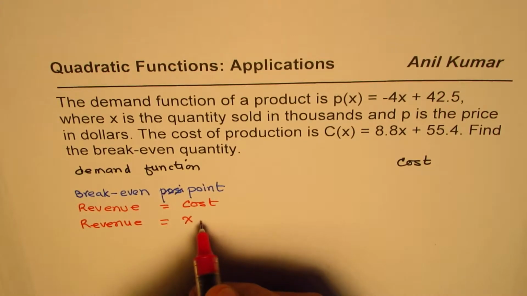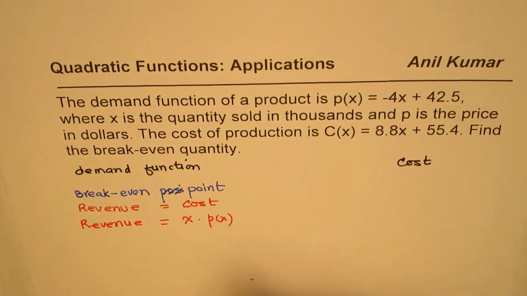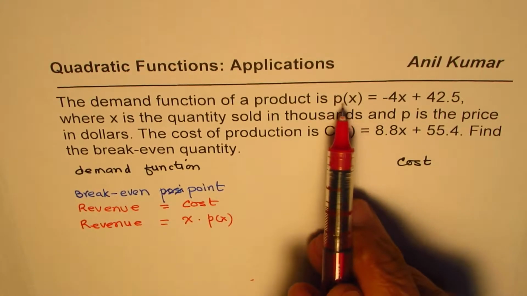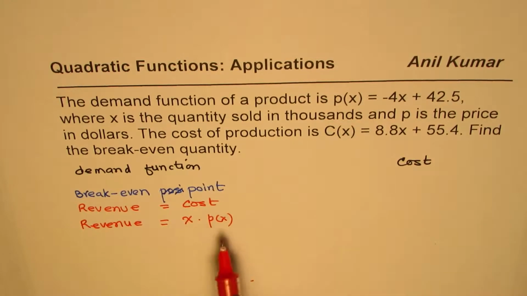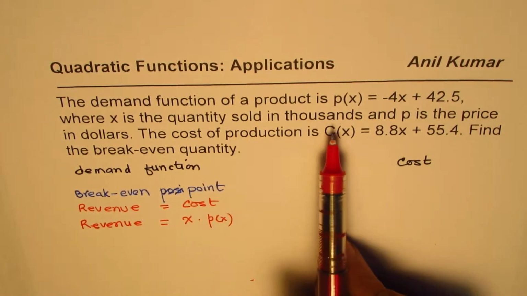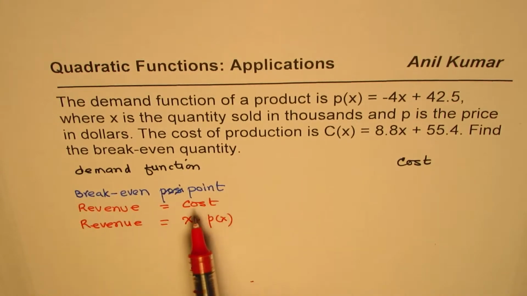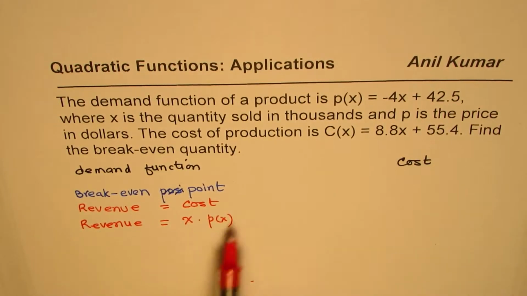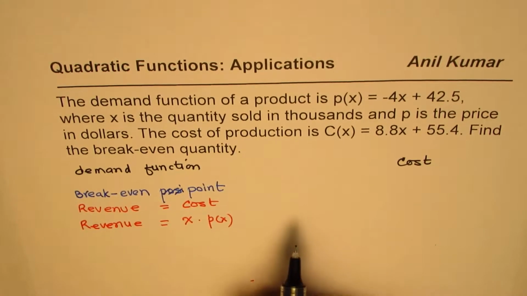That means x times P of x. That is the revenue, right? Now we know the demand function, and we know what x is, the quantity sold in thousands. We know the cost, and therefore we can now solve the question. I hope now you can pause the video and answer the question.